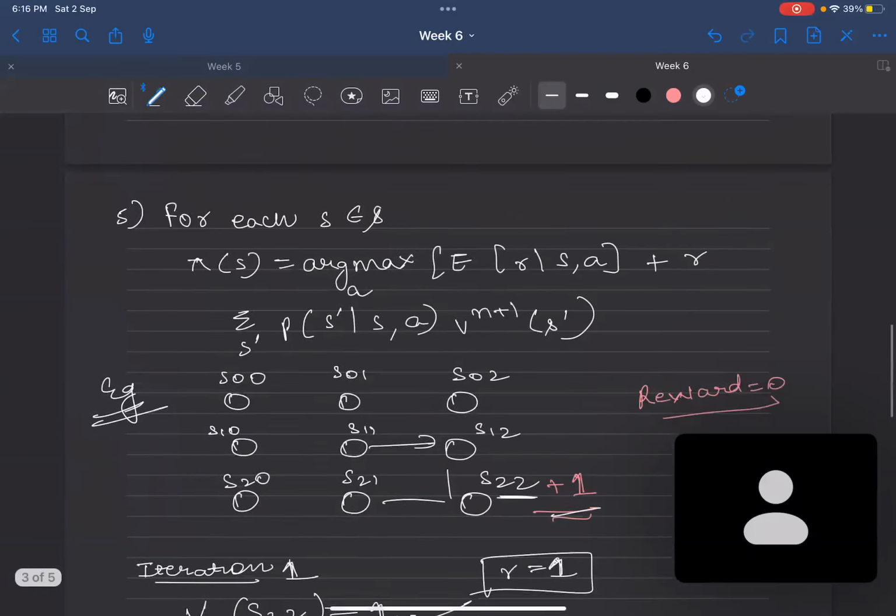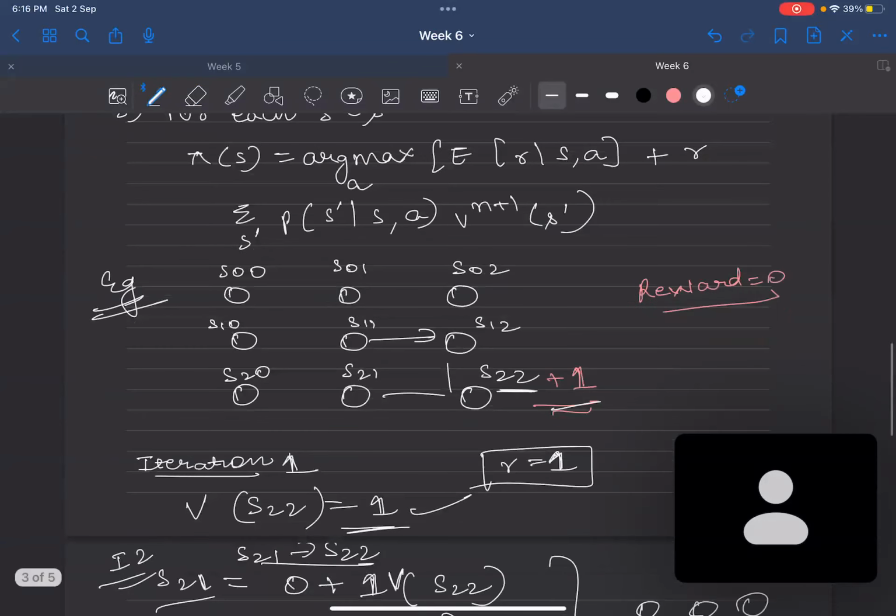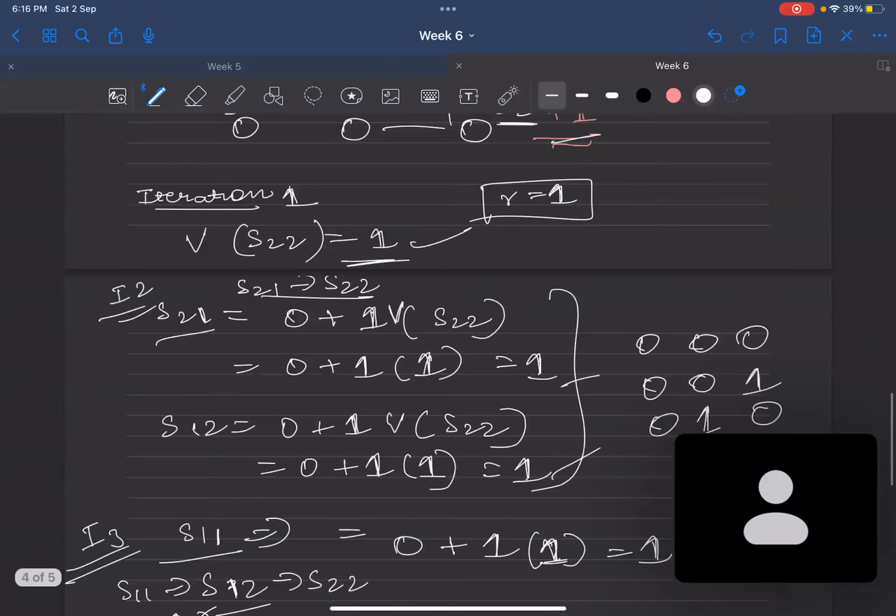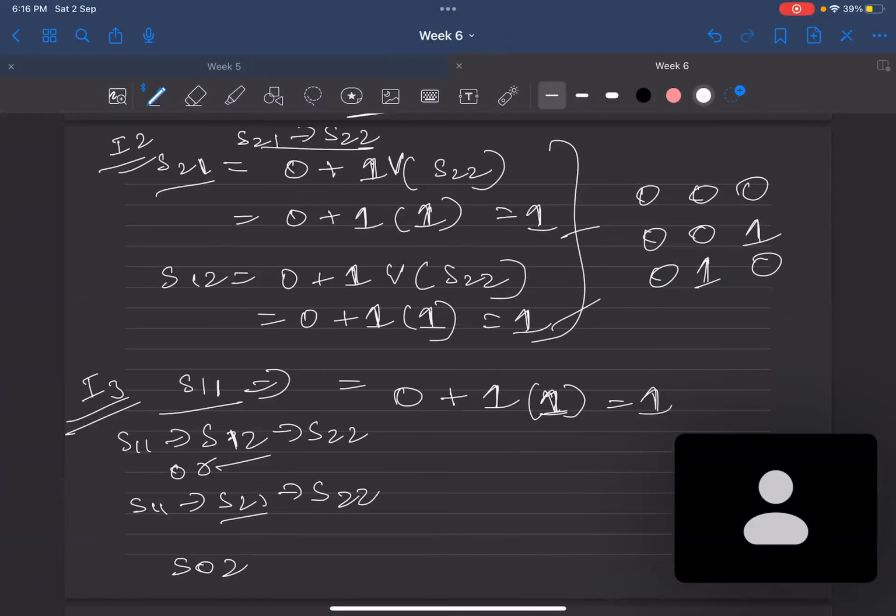There are two actions which can take place, go down or go right. But that is what we are saying, the max will be the same only. It's a trivial example, that's why it happens. I can write max here, and we'll get the same thing afterwards. That is why you can go either left or down. That is the main thing here.